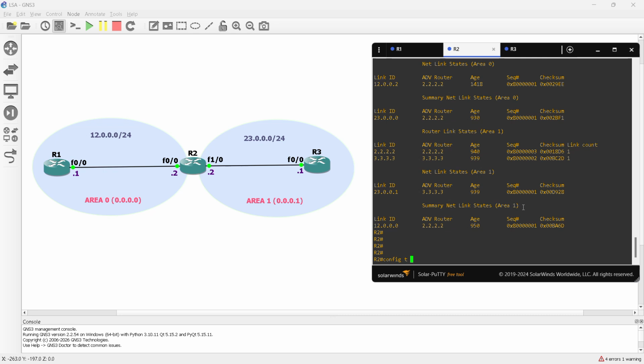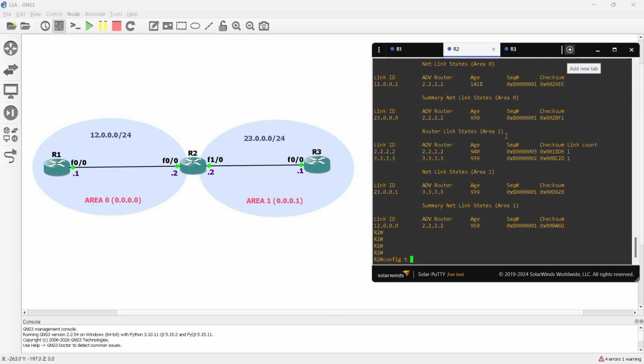Yes. So, if we want to conclude, there are three types of LSAs. The very first is the type 1 LSA, or router LSA, which every router generates.